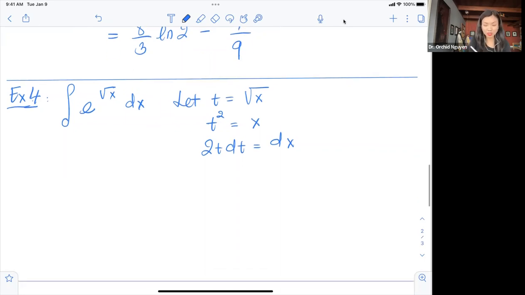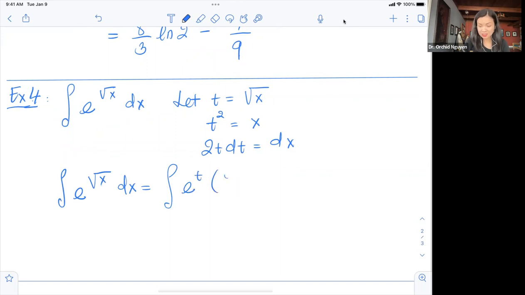So now we're going to rewrite e to the square root of x dx. It's going to turn into the function of t, which is e to the t, 2t times dt. Now we can use integration by parts.